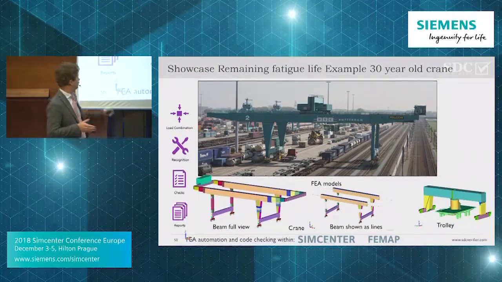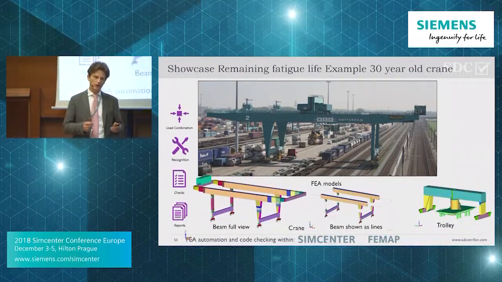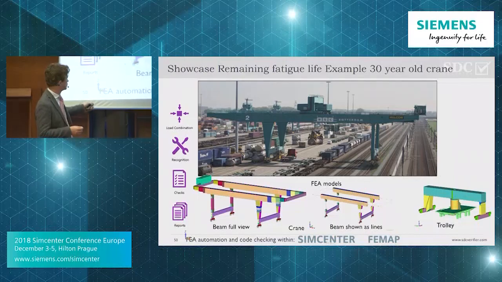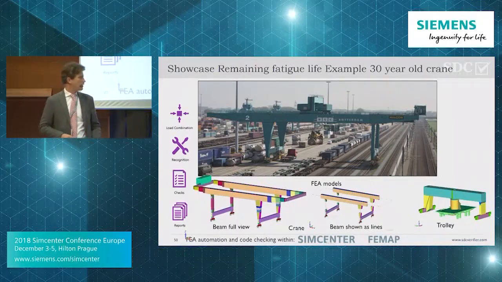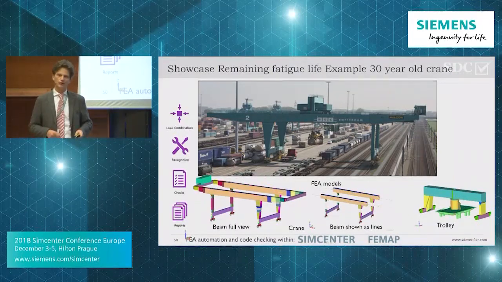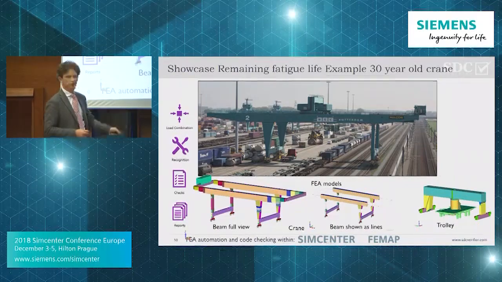It is applied to one side with a rail on one side, so you do expect local phenomena there. So in the middle of the section we want to be sure that we catch all these details as well. And the trolley is of course completely modeled in plate models because this does not look like a beam at all.